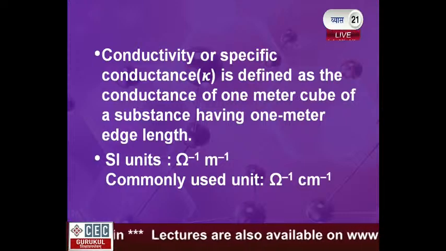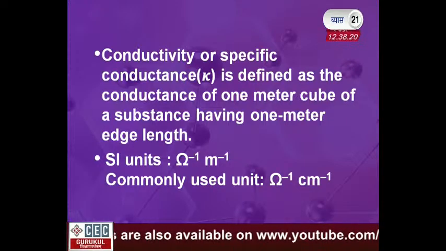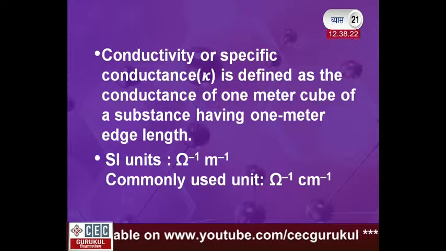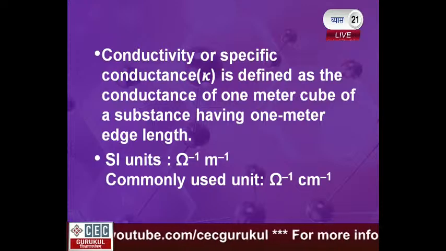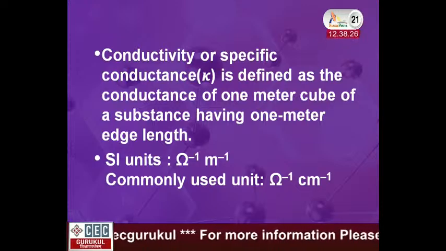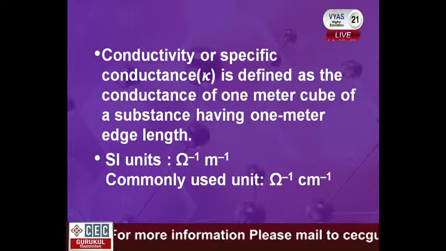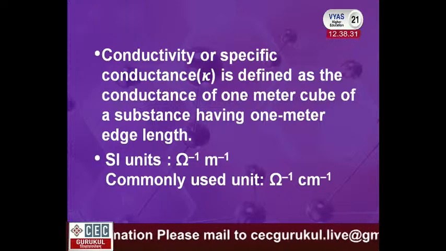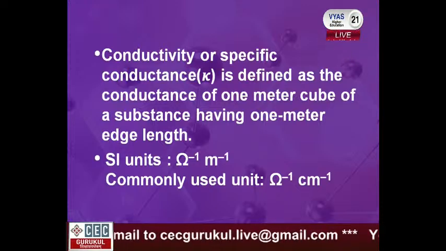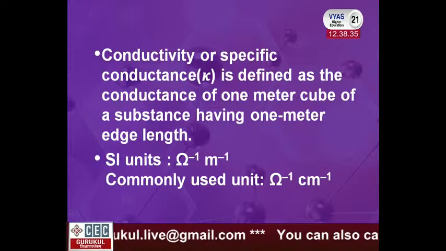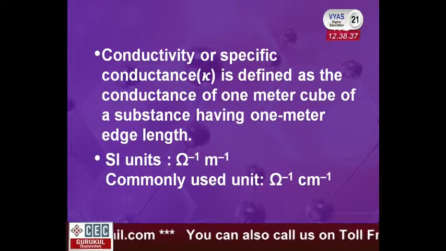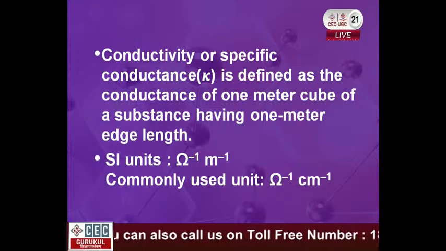Conductivity or specific conductance is defined as the conductance of 1 meter cube of a substance having 1 meter edge length. SI units are ohm inverse meter inverse, and commonly used units are CGS units, that is ohm inverse centimeter inverse.